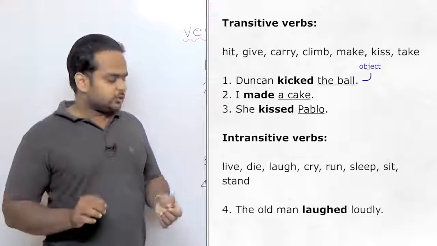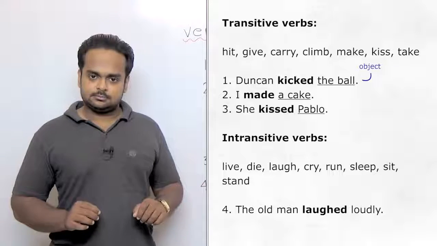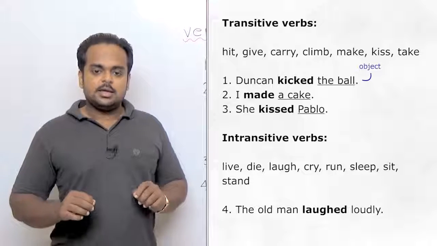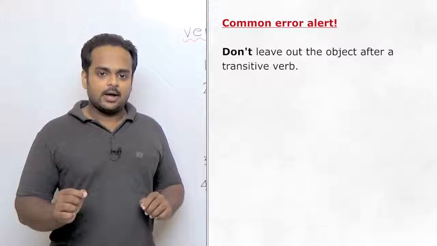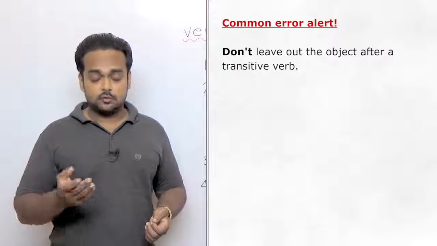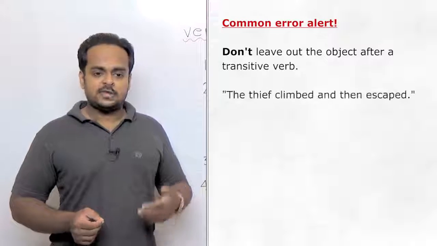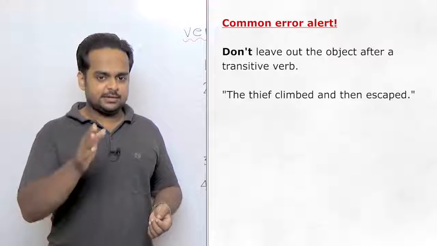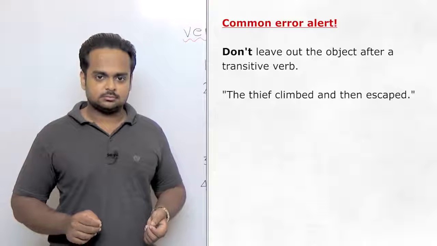Okay, I told you that students make mistakes with these. What kinds of mistakes do they make? Well, the most common mistake is that students often leave out the object with a transitive verb. For example, students say, "the thief climbed and then escaped." Can you identify the error in that sentence?